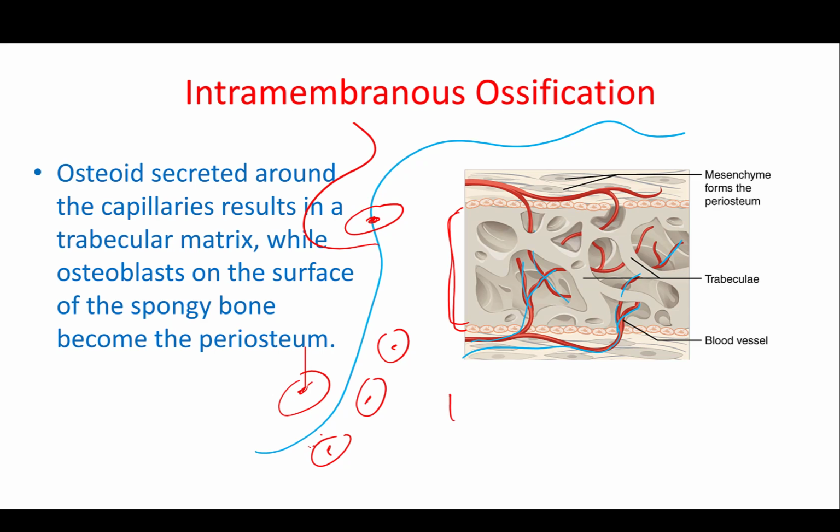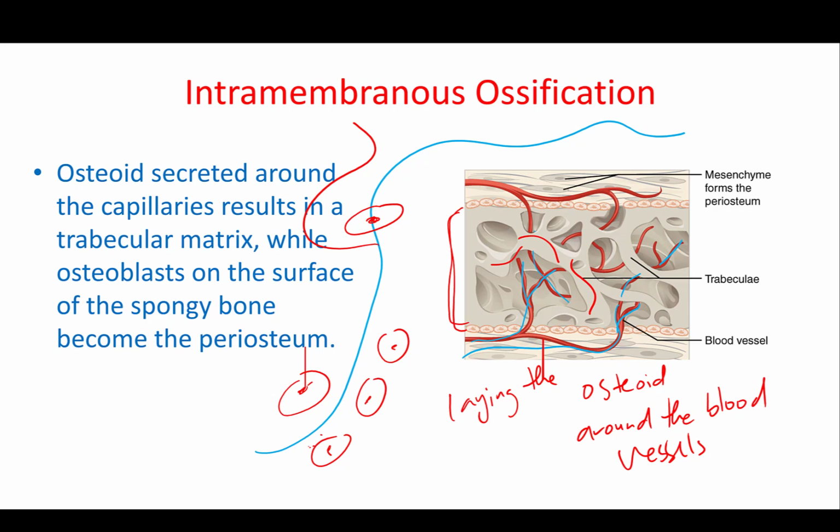No, they are laying the osteoid around the blood vessels, which will give this spongy shape for this part of the bone.